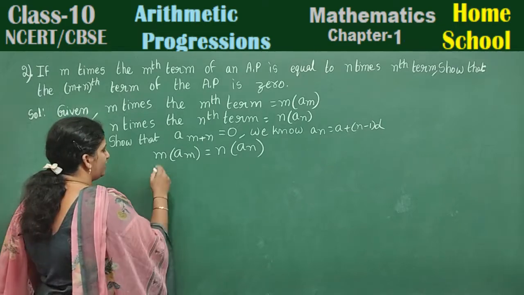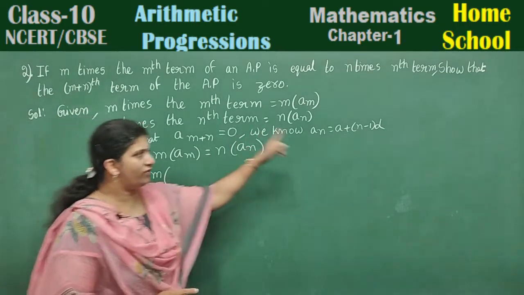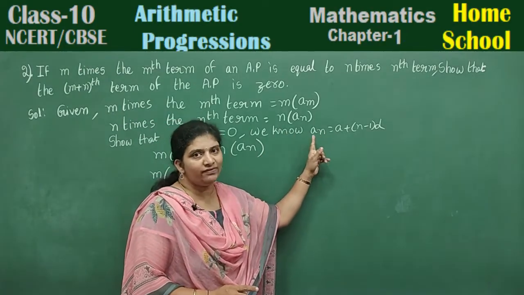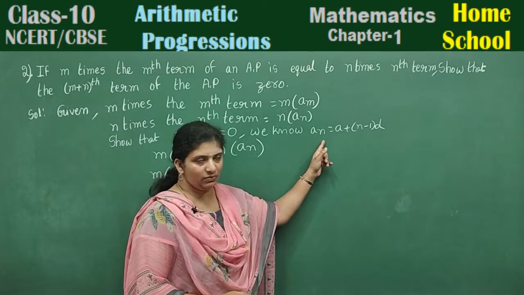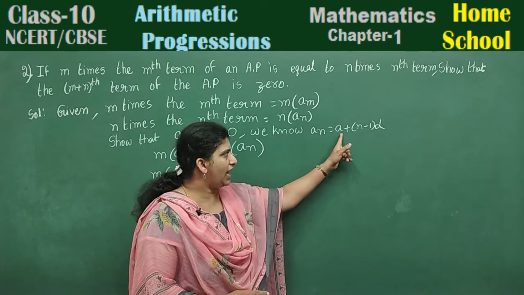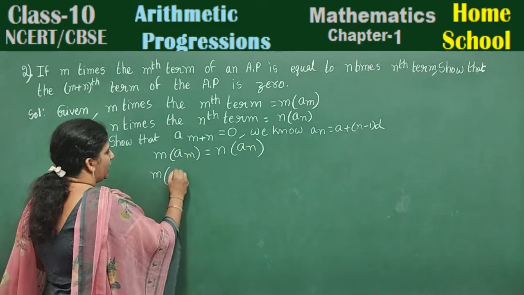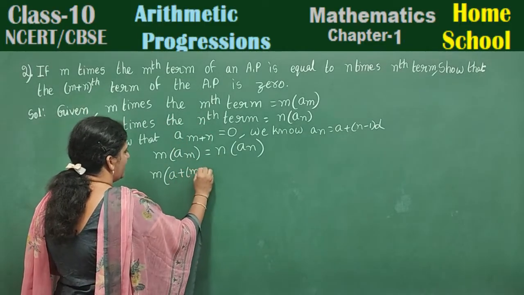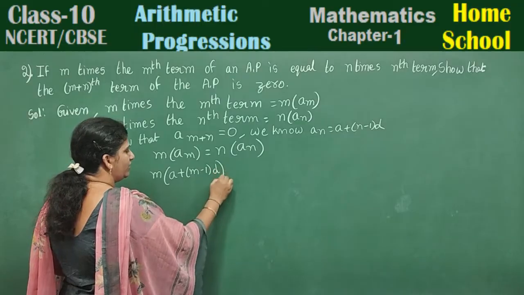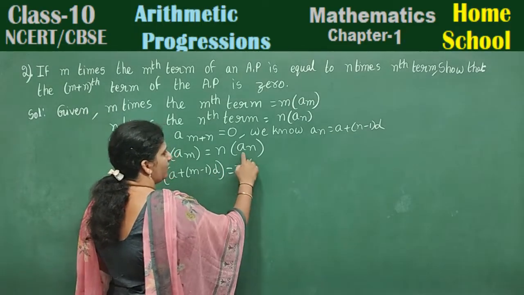Similarly, you can write m into am. Instead of n, you think of m. Am is equal to a plus, wherever you have n, write m. A plus (m minus 1) into d. So m times (a plus (m minus 1) d) is equal to n times an.